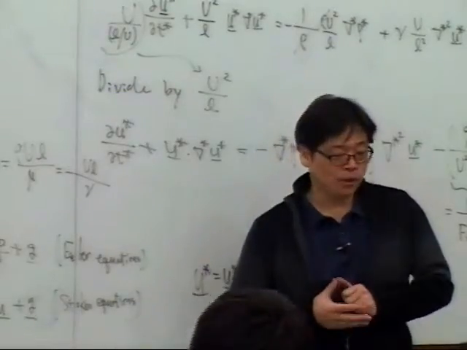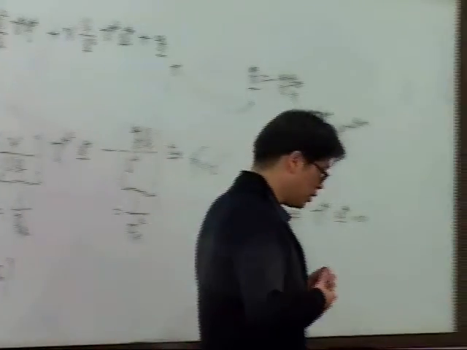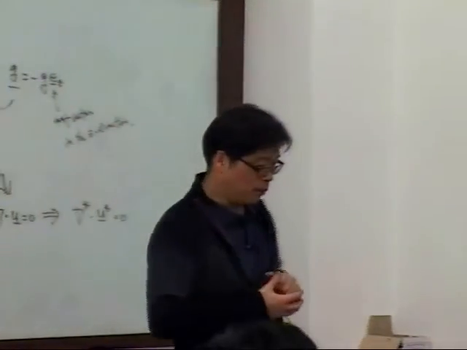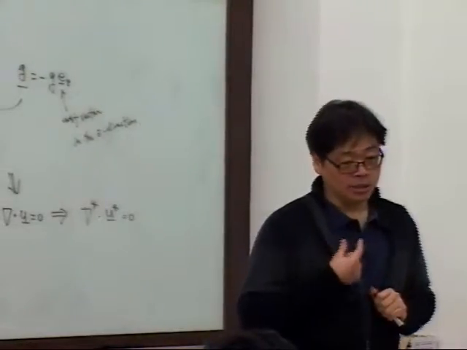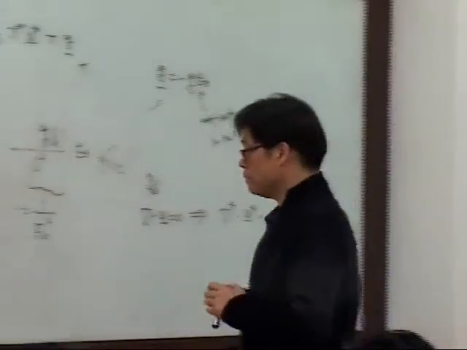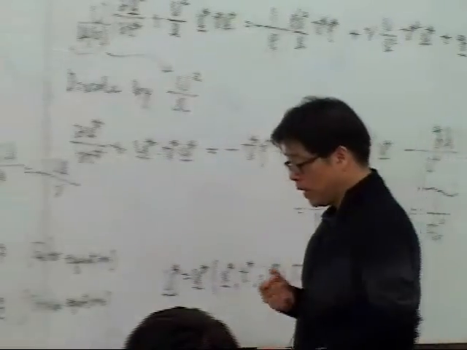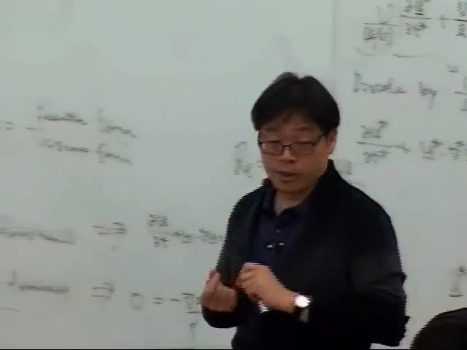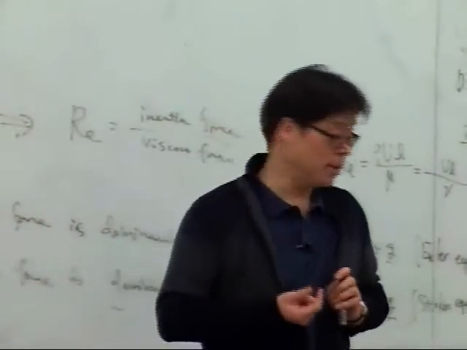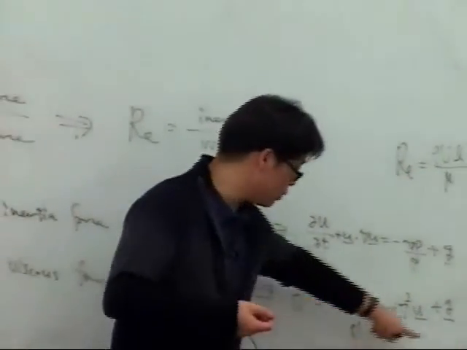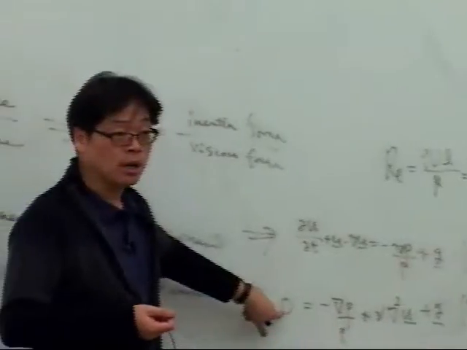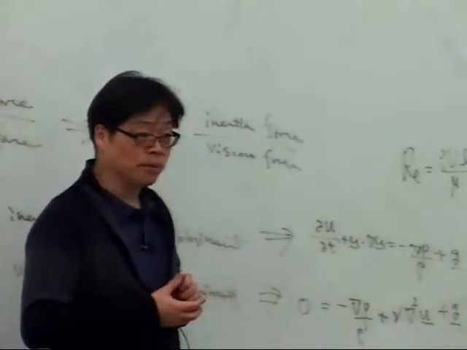Nowadays, fluid dynamics has been used for bio applications, and in that case, the microorganism can be very, very small. Then the Reynolds number can be order 1.